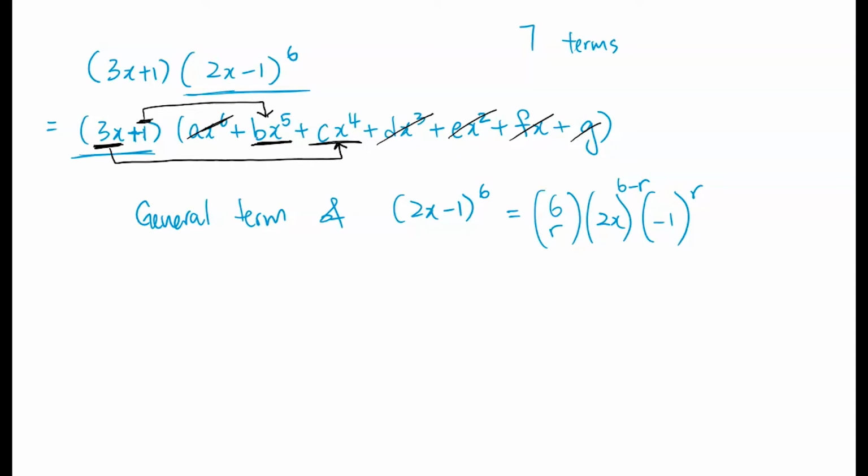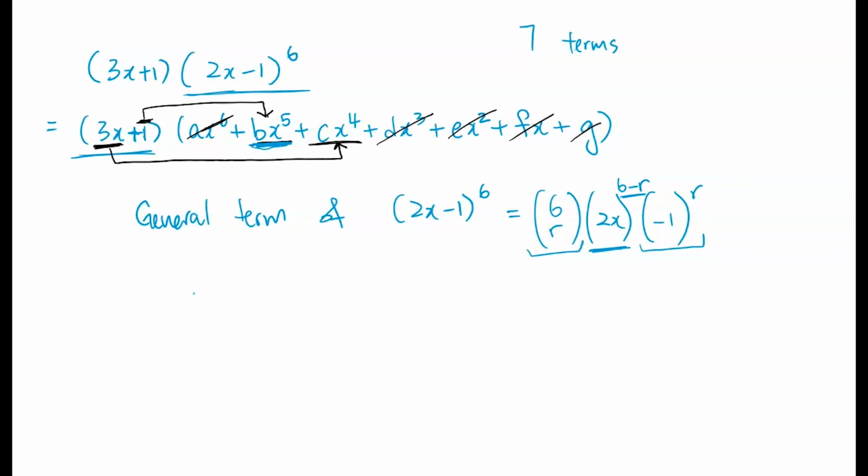So we look at the first one. I want the b x to the power 5 term, which is the x to the power 5 term. Because for my general term for this question, there is no x here and there is no x here. So only the second bracket has an x. Therefore, it makes it very easy for us to figure out the x to the power 5 term. We just need to set this to 5, which means my r is 1.